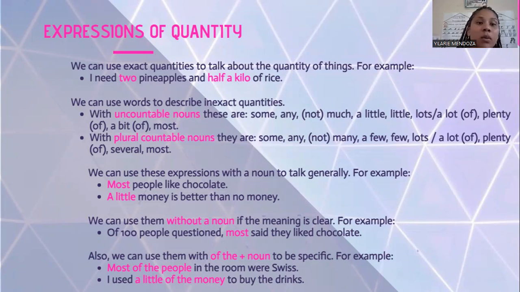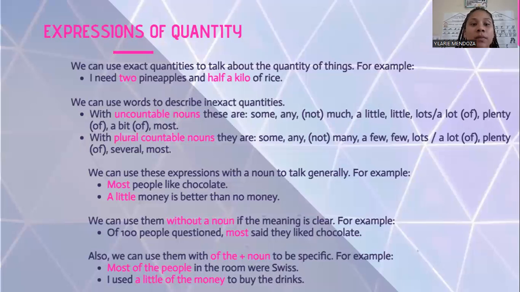The expressions of quantity are used with uncountable nouns and plural countable nouns. The uncountable nouns use no, some, any, much, little, a lot. The plural countable nouns use there are some, any, many, a few, a lot, plenty, several.